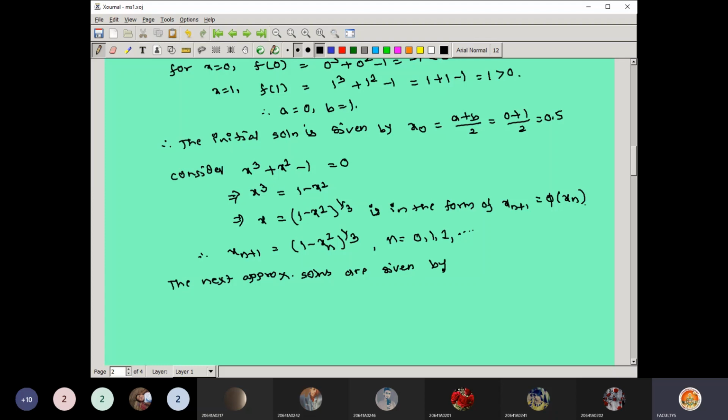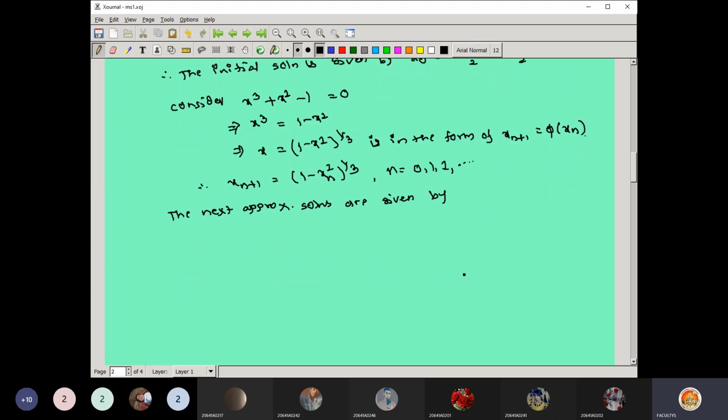now I am substituting n equal to 0. So what do you think about the left side now? x1 equal to (1 minus x naught square) power 1 by 3. So this is equal to (1 minus 0.5 square) power 1 by 3, where x naught we have calculated as 0.5. Try to find that final answer in your calculator.